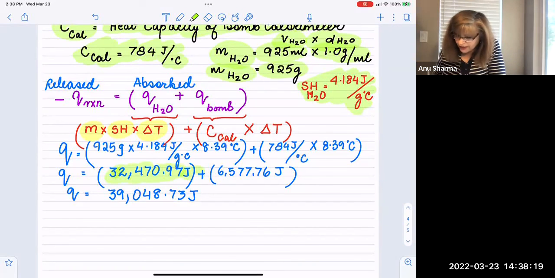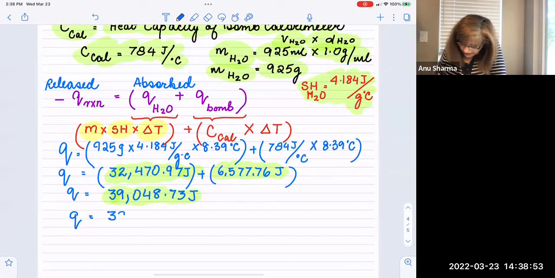And on the other hand, you have the heat capacity of the calorimeter, 784 joules per degree Celsius, times 8.39, which is the change in temperature. So when you multiply the two, you get 6,577.76 joules. And you add the two together, you get 39,048.73 joules. But the question is now asking you to calculate this in kilojoules.